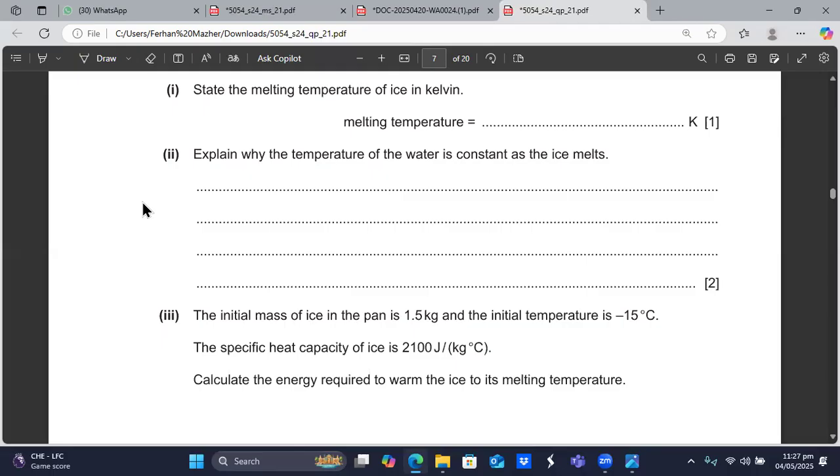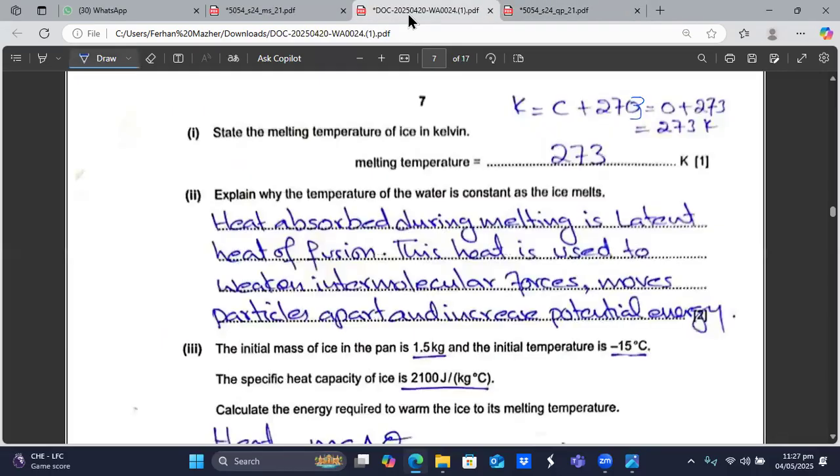We call this heat the latent heat of fusion. So the heat absorbed during melting is the latent heat of fusion. This heat is used to weaken the intermolecular forces, move the particles apart, and increase the potential energy.